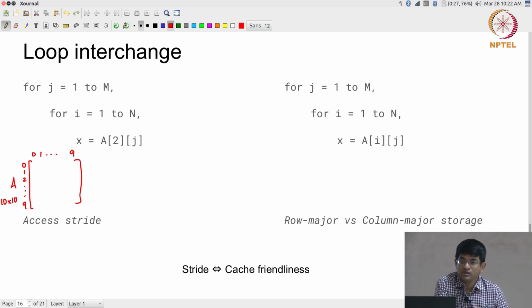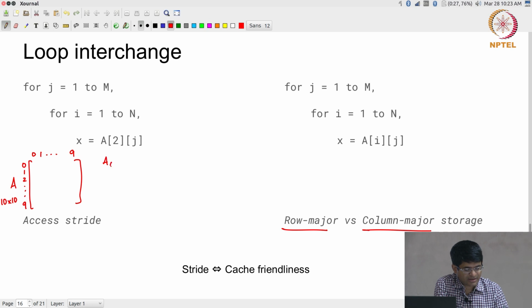It actually turns out that this depends on the programming language that you are using, because there is no fundamental rule saying that this is how you need to store an array in memory. Furthermore, C and Fortran use different techniques for storing it. They are called row major and column major approaches. Row major essentially says, I will store the entire row first.